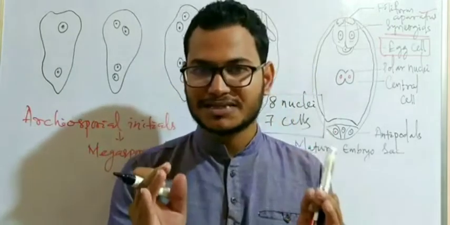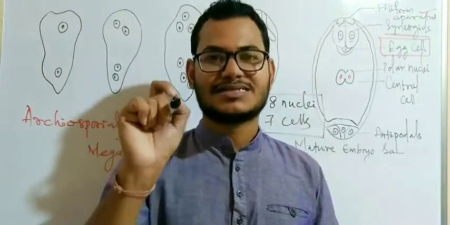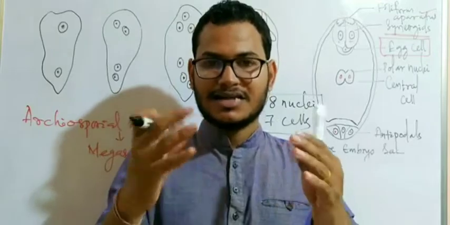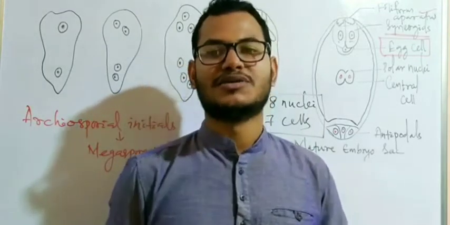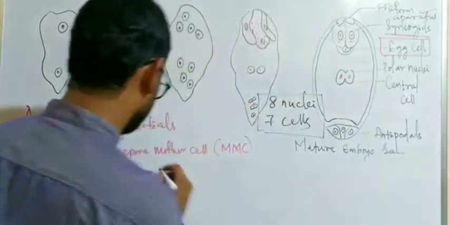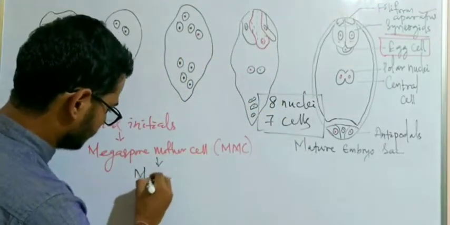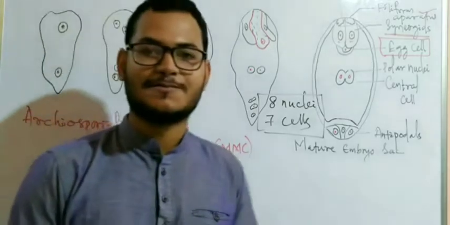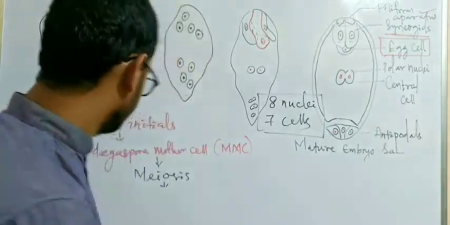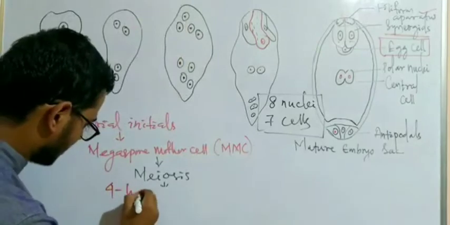So the megaspore mother cell, remember, is the cell having a large structure, dense cytoplasm and prominent nucleus. Now it undergoes meiotic division. It undergoes meiosis, and as a result of meiosis, 4 haploid megaspores are produced.